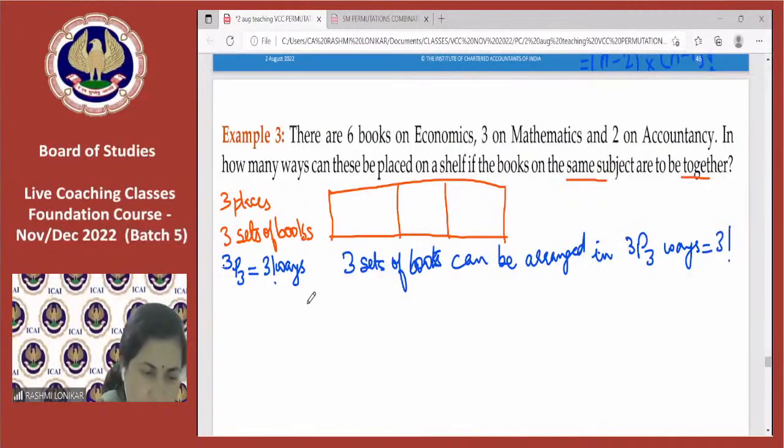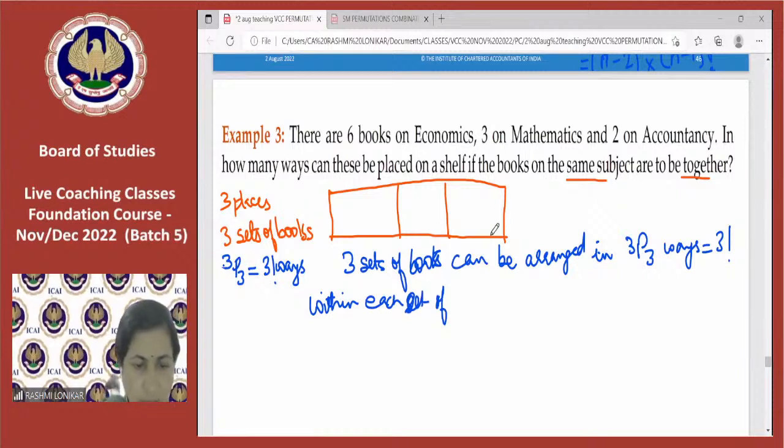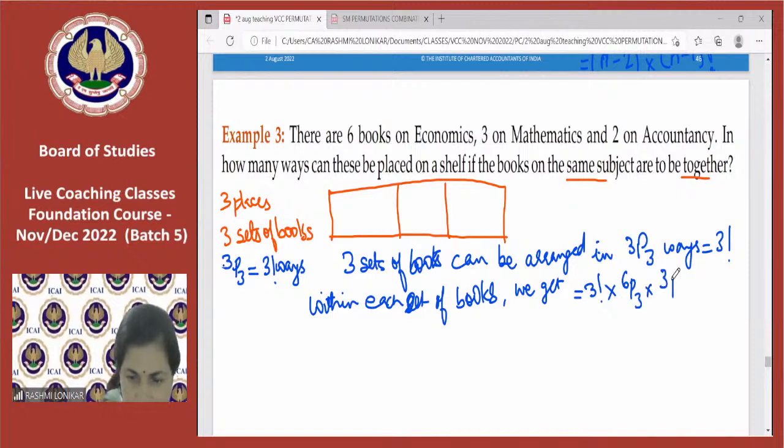Now within each set of books, we get 3 factorial into economics 6 factorial, okay, 6p6, into 3p3 into 2p2.